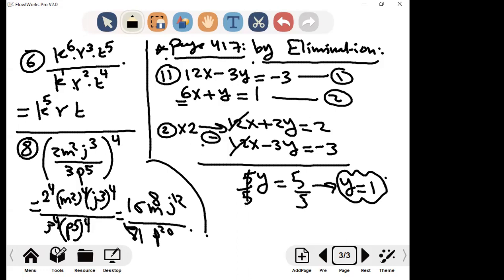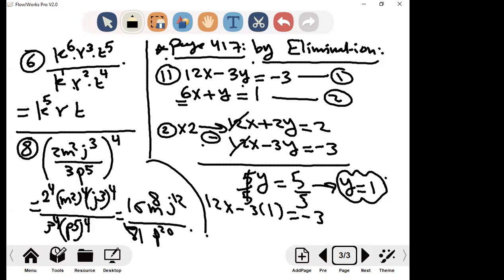You need to find the other variable. So you found y, you need to find x. Go where? In any equation, 1 or 2, to find x. You have y already. Substitute in 1. In place of y, you put 1. So 12x minus 3 times 1 equal negative 3. Right?